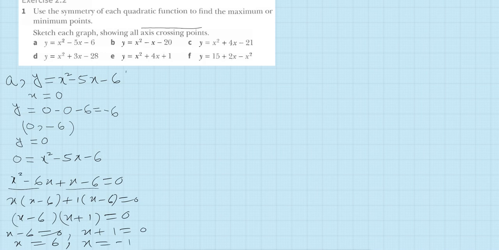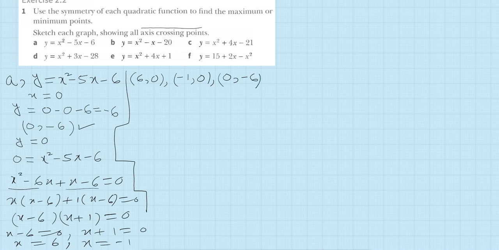Now we have to find all the axis crossing points. So when x is 6, then y is 0. Second, when x is minus 1, then y is 0. And we have already found the first axis crossing point: when x is 0, y is minus 6.